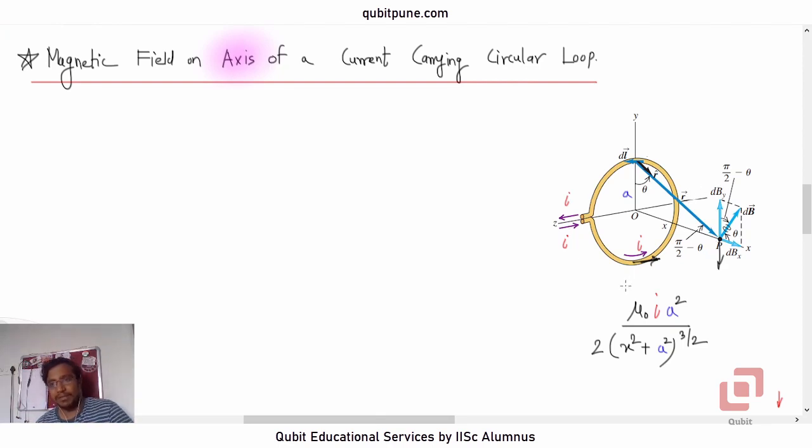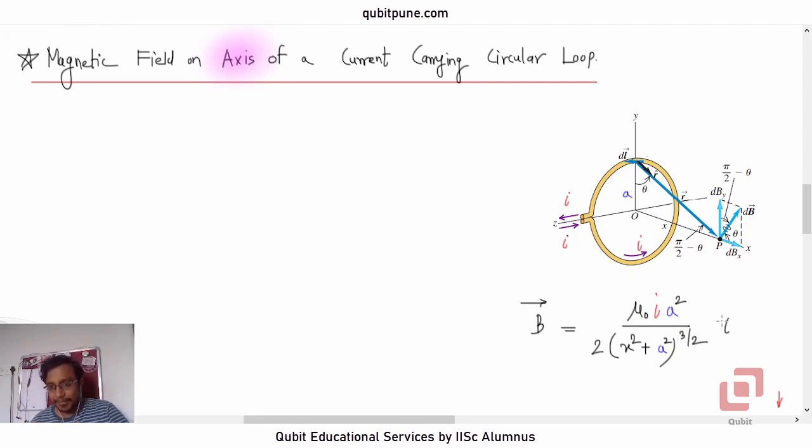So the net magnetic field is the actual magnetic field, and its value is calculated as B bar is equal to mu naught I a squared upon 2 times x squared plus a squared raised to 3 by 2. Note that in this case you have the square of the radius, so we can bring the pi term there and get the area of this loop. That's how we define magnetic moment of this loop.